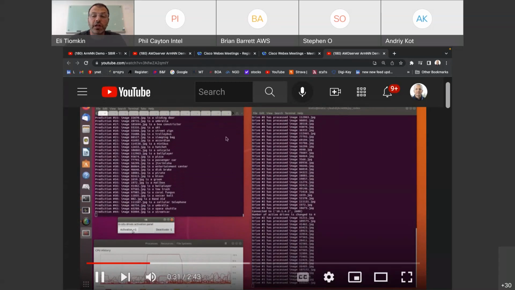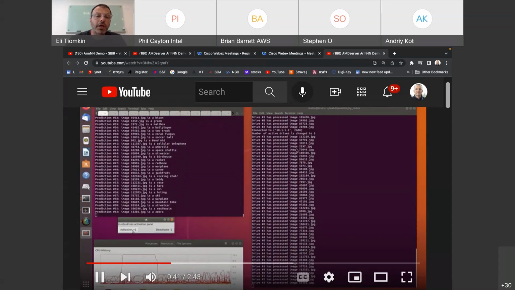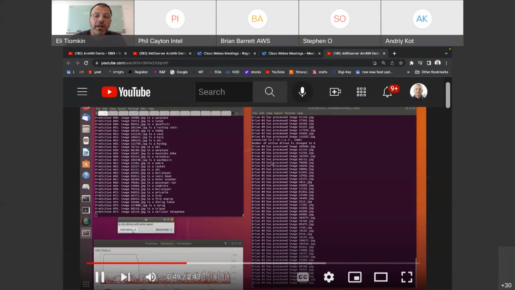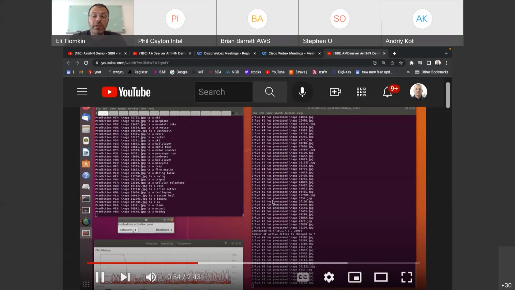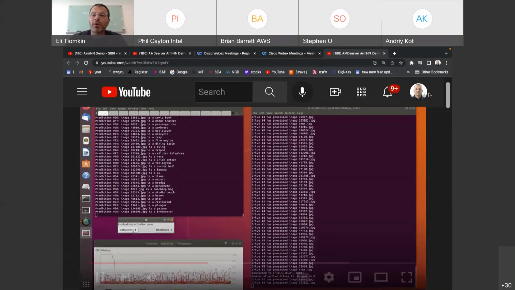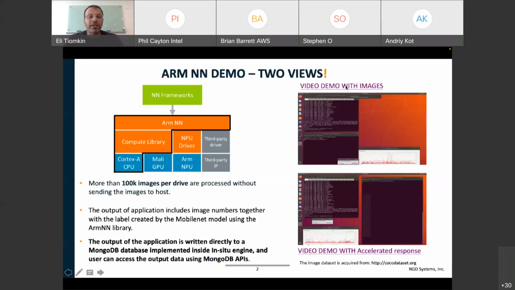On the previous video, we took one drive and showed you the images as they popped up. Here is a summary of all the different images that are being opened from all the different drives. You can see it's being listed: drive 1, drive 2, drive 3, drive 4, and it's opening so many drives at the same time that the server cannot even process it and display the actual images.